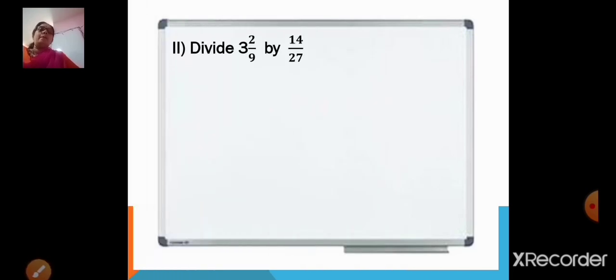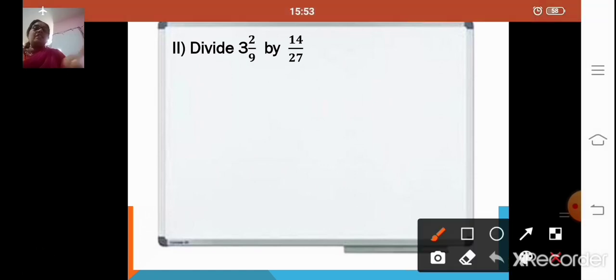Coming to the second example, here divide 3 whole 2 upon 9 by 14 upon 27. Okay. Now the first one is a mixed fraction. So first thing what we will do is we will change it into improper fractions.